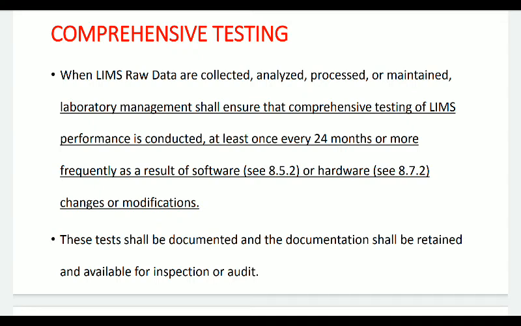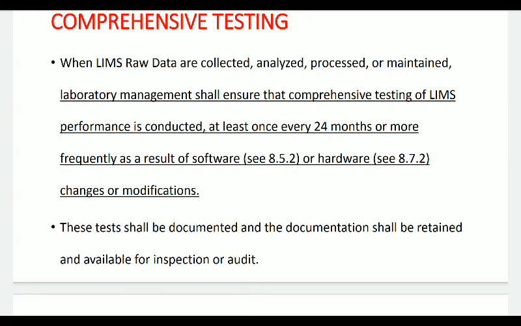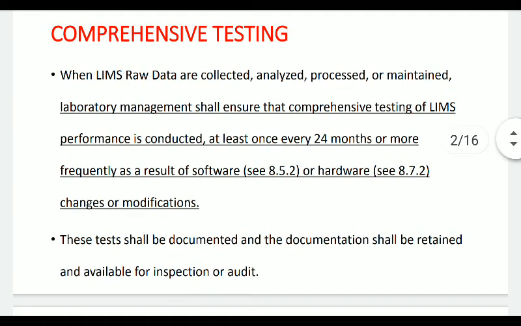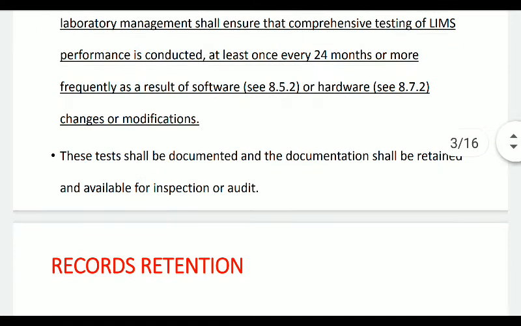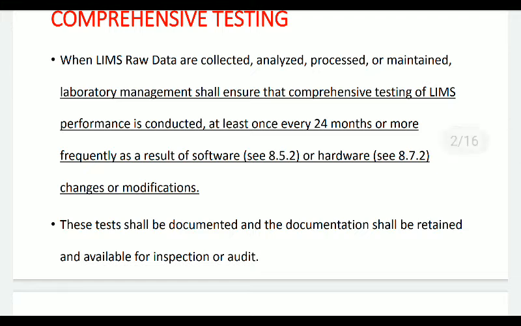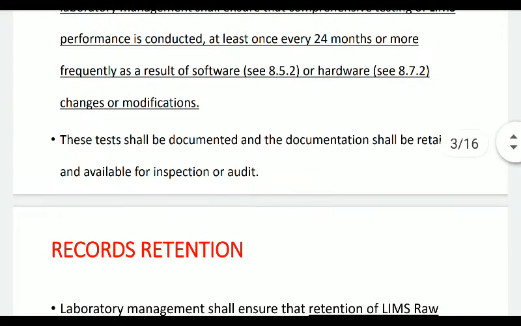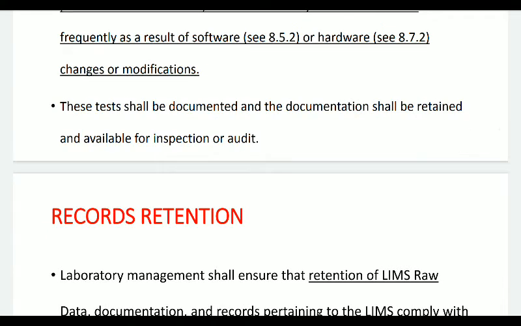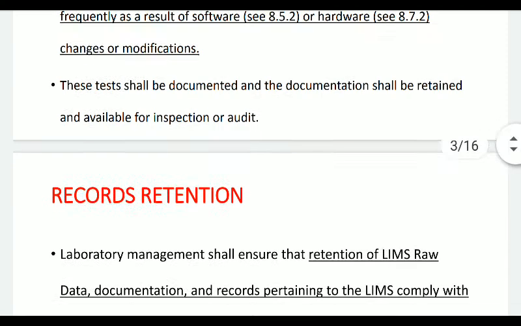And when we are supposed to perform this comprehensive testing: whenever we are making any change in old software or hardware, upon modification of software and hardware, we are supposed to carry out a comprehensive testing to ensure the performance of LIMS and thus ensuring the integrity of data. These tests shall be documented and documentation shall be retained and available for inspection or audit.